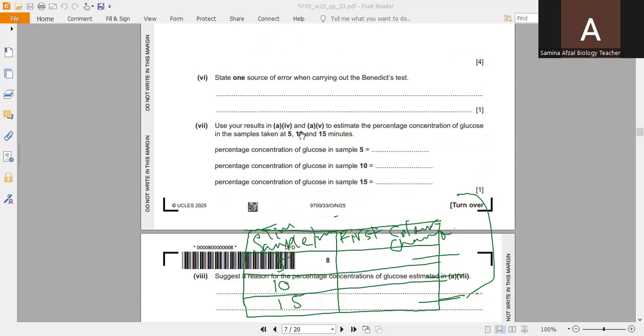Now, after doing that, we have reached up to this point, which is: state one source of error when carrying out the Benedict test.